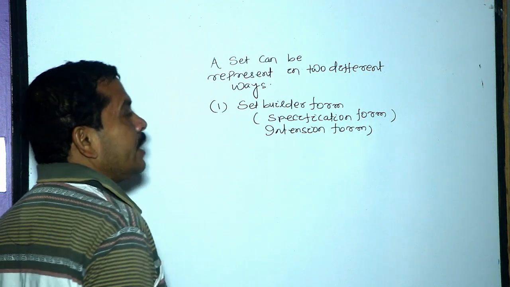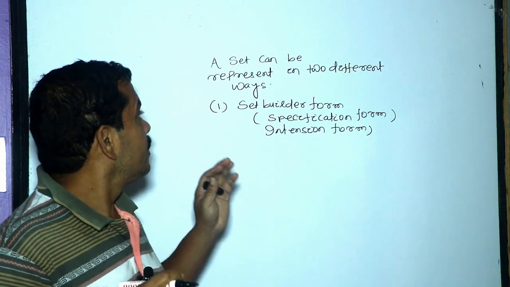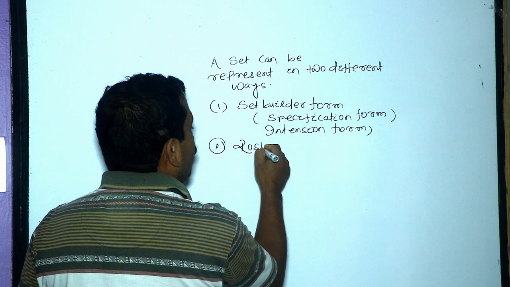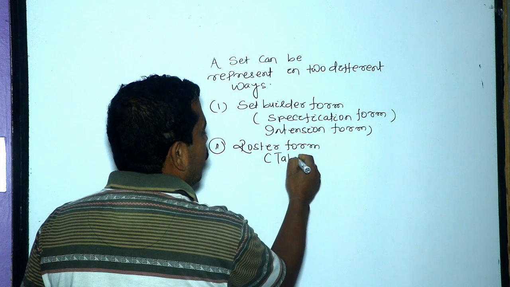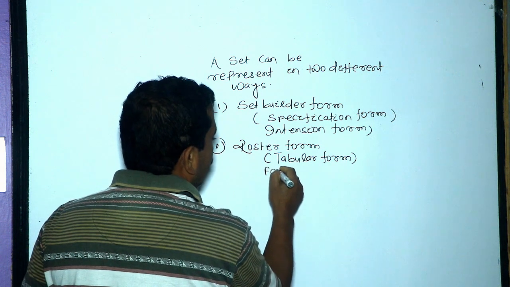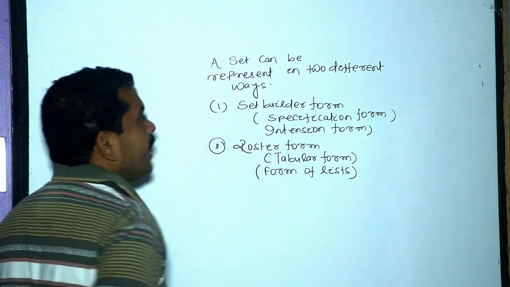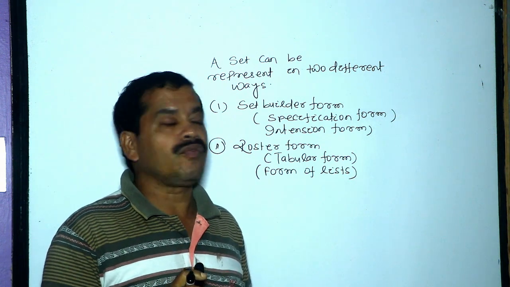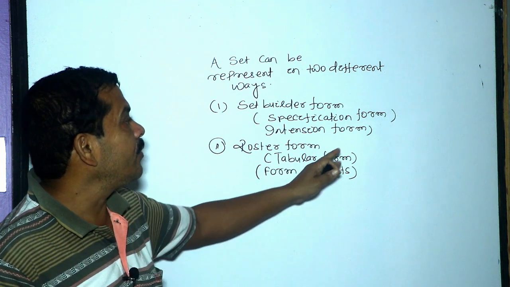Another is roster form, that is tabular form or form of lists. We can represent or describe a set in two different ways: one is set builder form and another is roster form, that is tabular form or form of list.